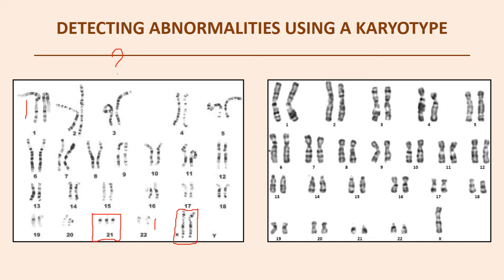Down syndrome is a genetic disorder where the patient is born with 47 chromosomes instead of 46, and a lot of times this will happen with chromosome 21, where it houses a third copy of itself.